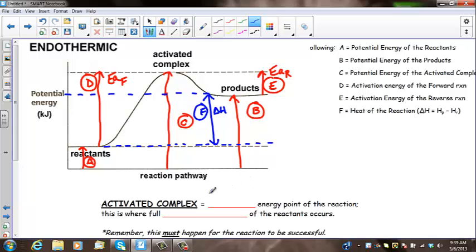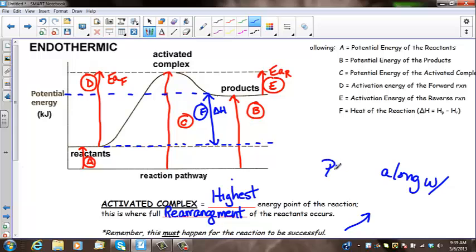The activated complex is the highest energy point of the reaction. This is where full rearrangement of reactants occurs because bonds are being broken and new bonds are being formed. Remember, this must happen for the reaction to be successful, along with proper orientation.